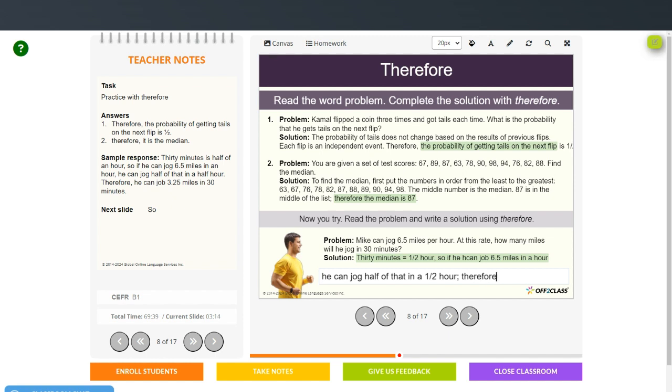Therefore, he can jog 6.5 divided by 2. So we would divide it in half.